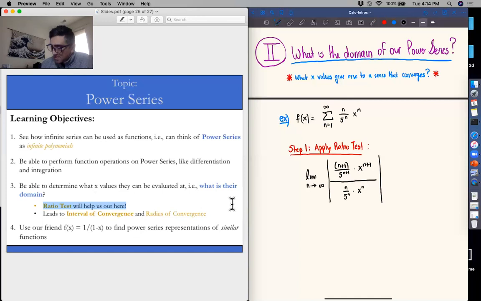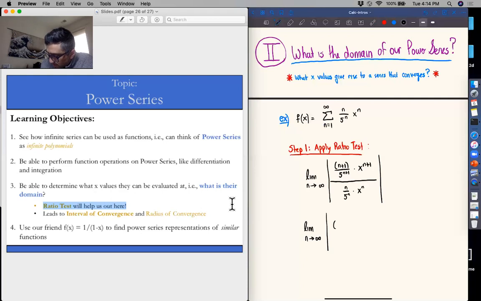So let's see what happens in this case. We take the limit as n goes to infinity. We still have those absolute values. The first thing I like to do in these problems is just rearrange the terms so I don't make a silly algebraic mistake. So for example, I'm going to put like terms on top of other like terms.